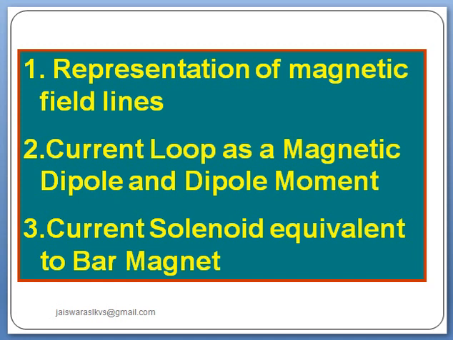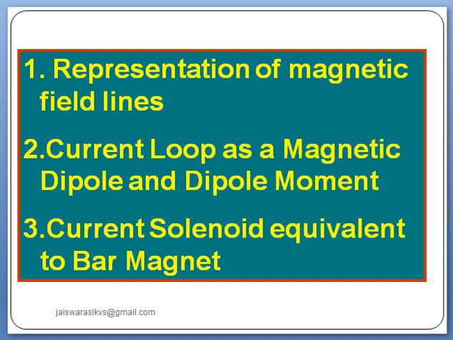And what will be the magnetic dipole and magnetic dipole moment? That's what today this point also we have to study. Today's third and last point will be current flowing in solenoid is also equivalent to bar magnet.